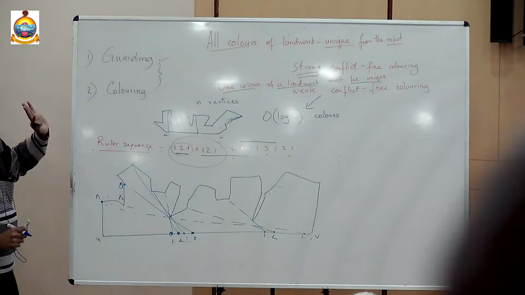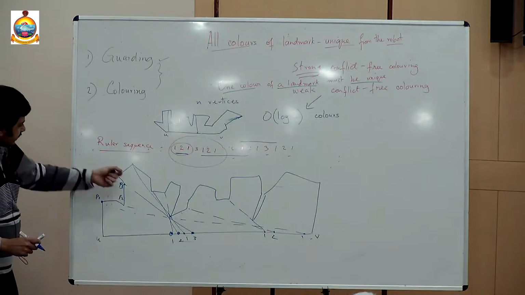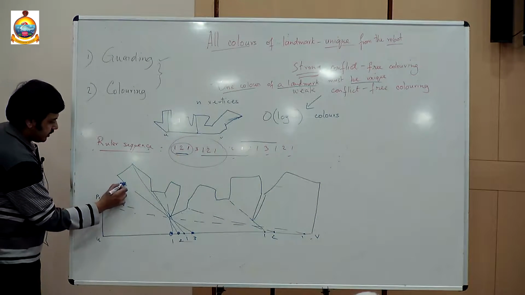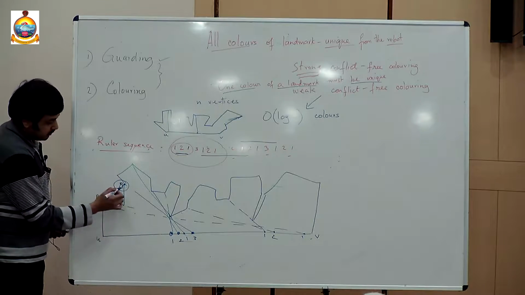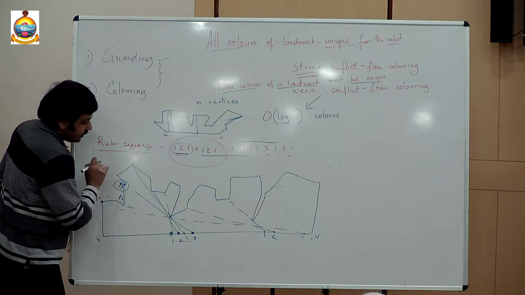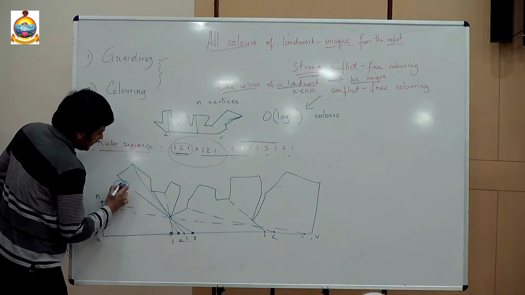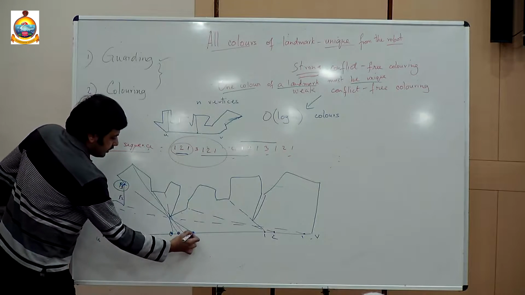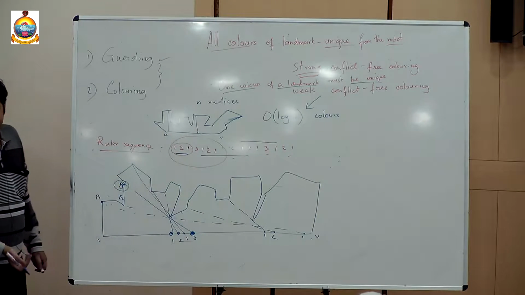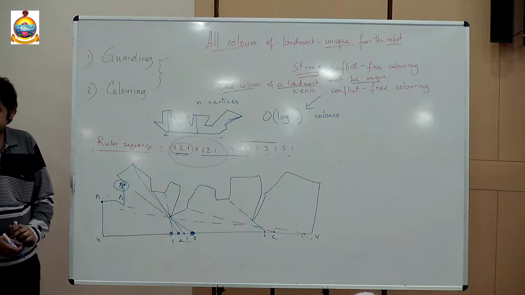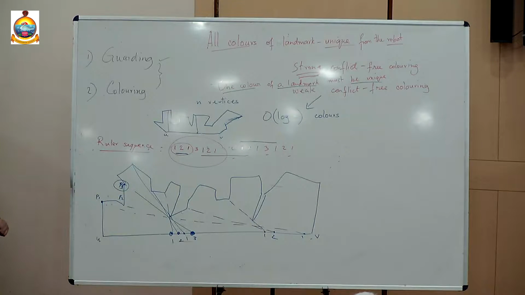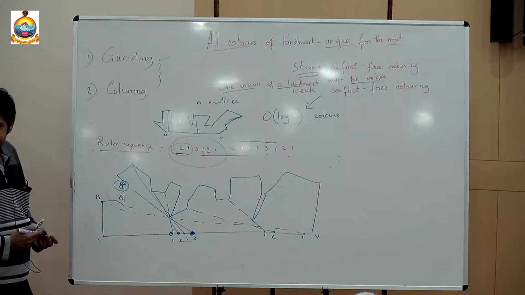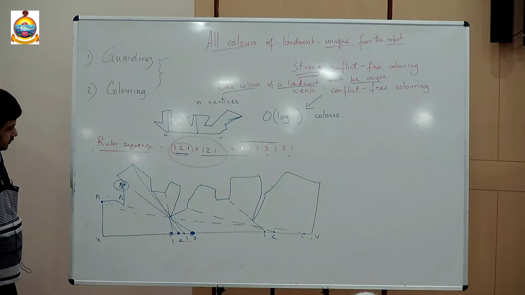Wait, what is the last point? Last point is the last point. Take any vertex here, pi say, and the last point on UV that is seen by pi is called the last point of pi. That means you are basically doing a sweep from left to right, as long as that vertex is visible.